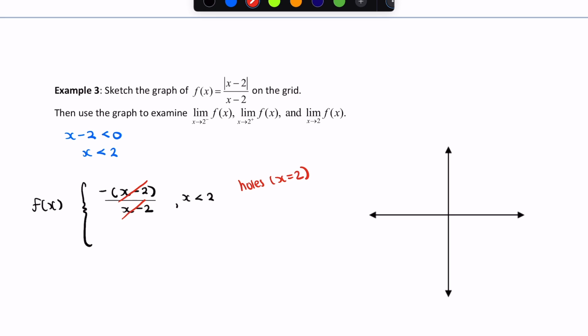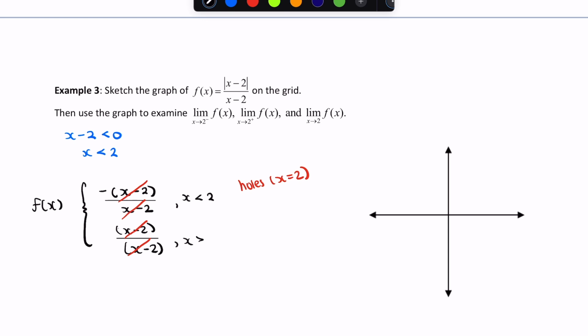So when we look at the positive, we have x minus 2 over x minus 2, and those would also cancel out. And that again is when x is greater than or equal to 2. But here we have to think about, does it equal 2?